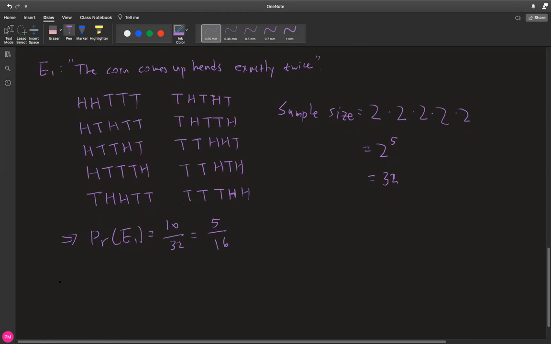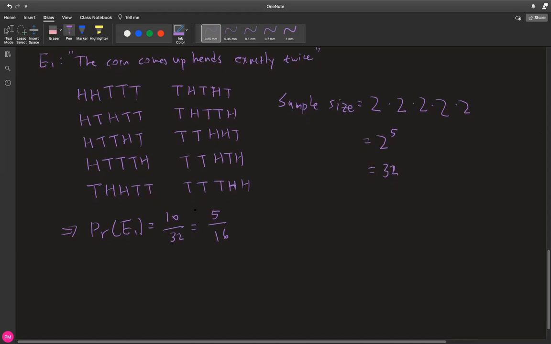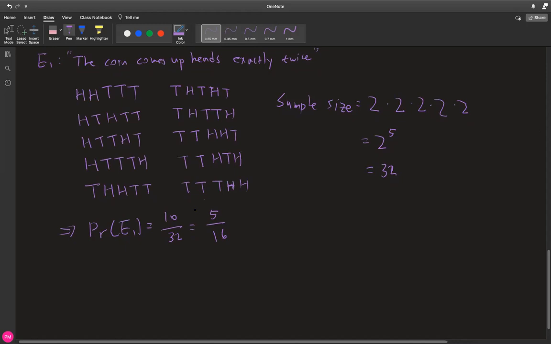Before we move on, we could have done it this way, or we also could have used the combination. So another way, the combination.